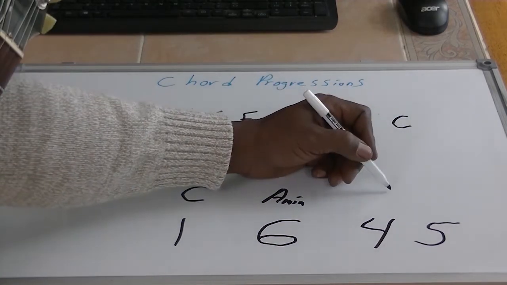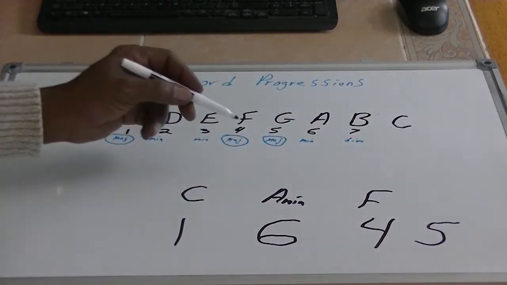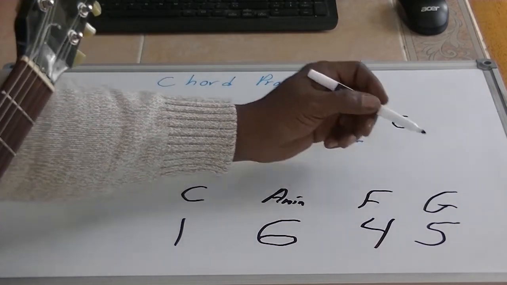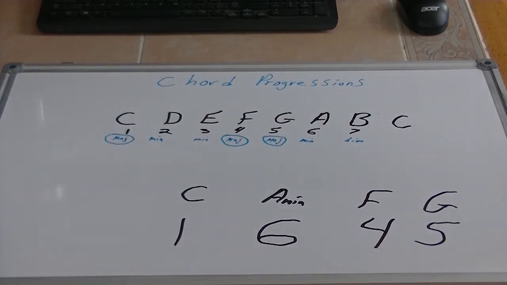We have the 4, which is the F major, and we have the 5, which is the G major. So now, let's just give a listen to these chords. If I have C, then I have A minor, and I have F, which is the 4 chord, and then I have G, which is the 5 chord.